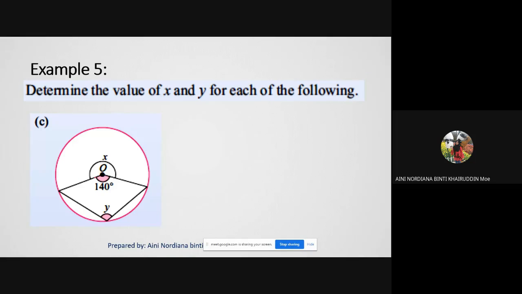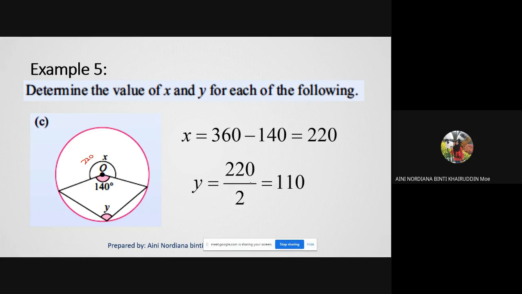First you need to calculate the value of X. Since this is the whole circle, X is 360 minus 140 equals to 220. Once you get this value, Y is actually divide this angle by 2. So 220 divided by 2 equals to 110. So the value of Y is 110.